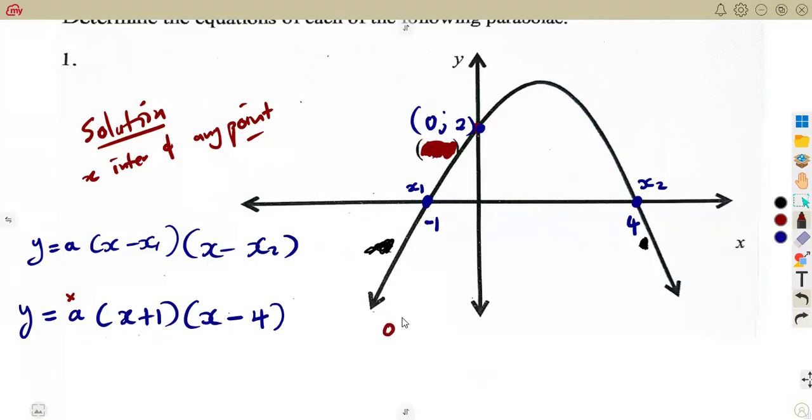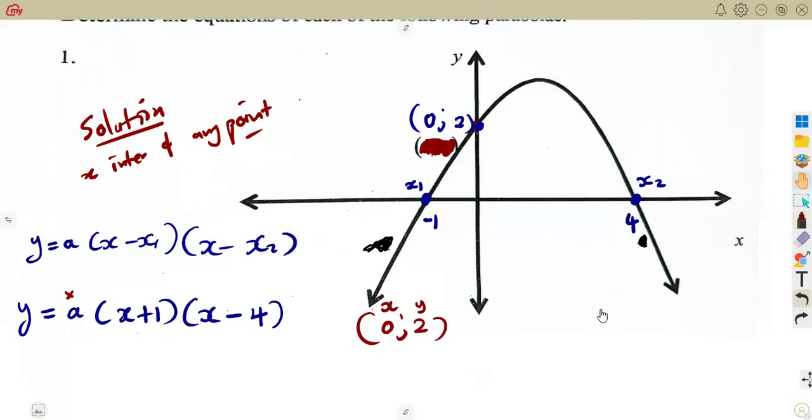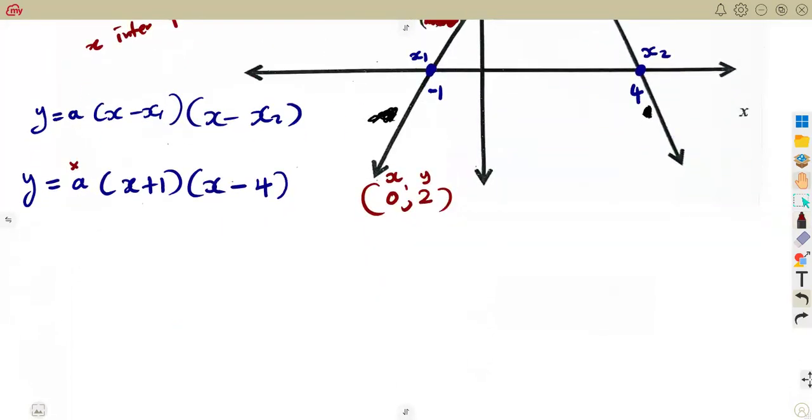From the point (0, 2), remember, a point is made up of x and y. So you have the x value and the y value at the same time. That is an advantage because we can simply substitute. According to the point, y is 2.